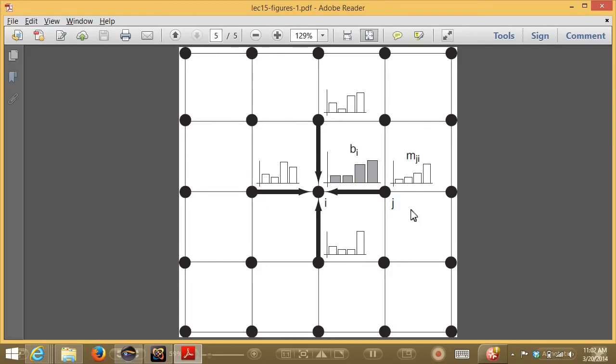So it's a message passing algorithm where everyone has a histogram about themselves and about their neighbors, and eventually, by passing these messages around, these histograms settle down and converge. At the end, I just pick the disparity bin that has the highest probability, and that gives me a stereo map, right?